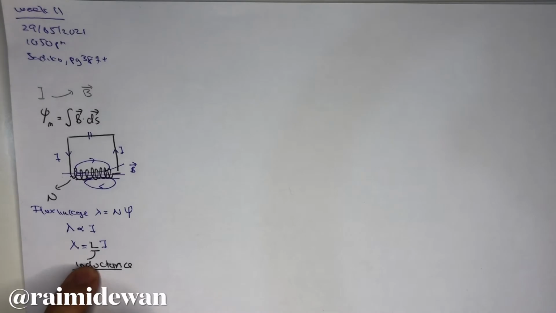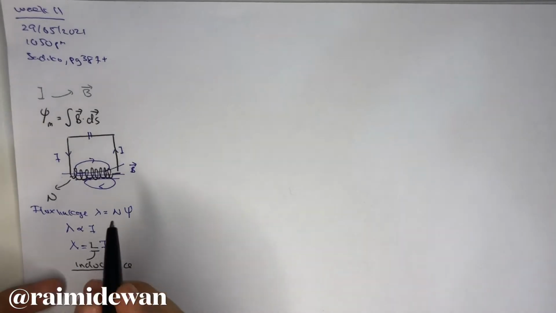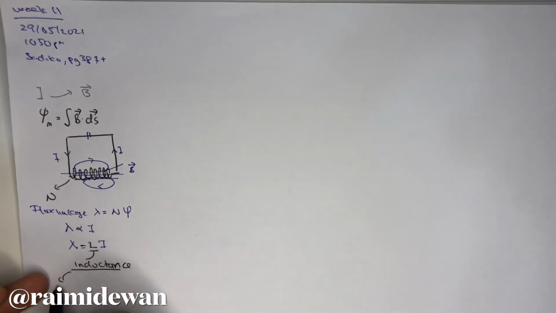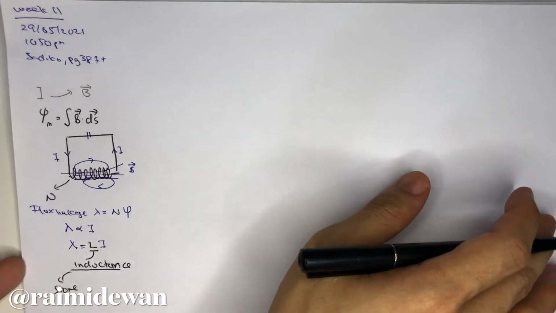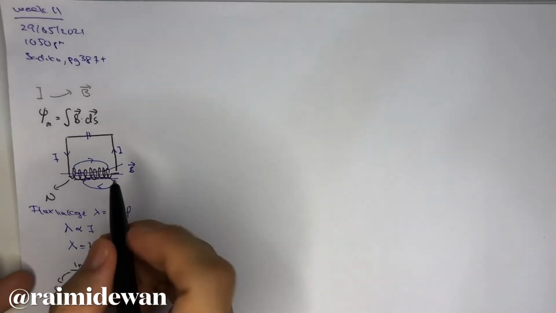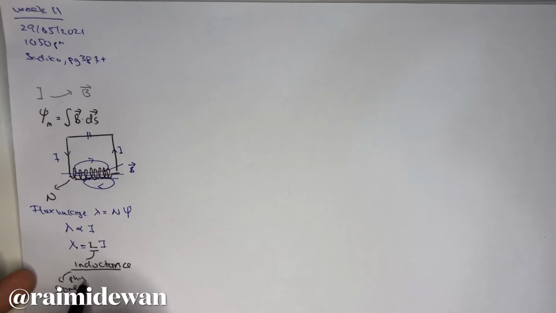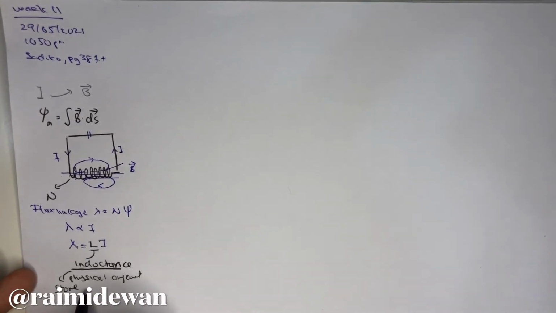So what is actually L? L is the inductance. It is the ability of this physical arrangement to store magnetic energy.